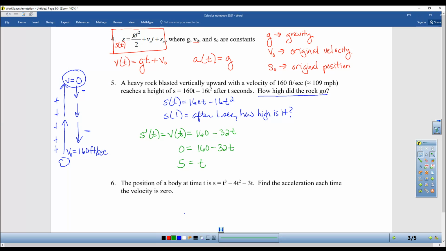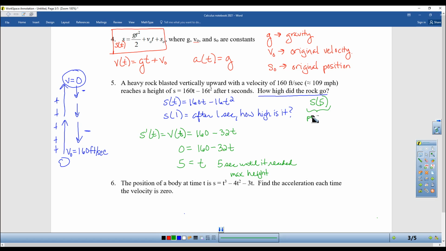So did this answer the question? No, it only answered the question, how many seconds? So it was 5 seconds until it reached its maximum height. It was going up for 5 seconds, and now it's going to come back down. So how high did the rock go? You want to know its position at 5 seconds.